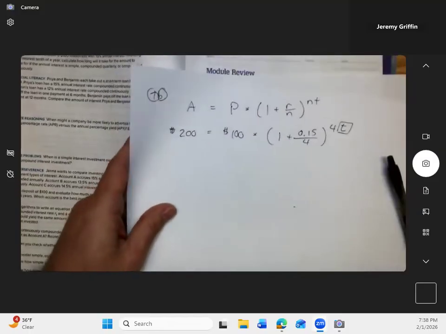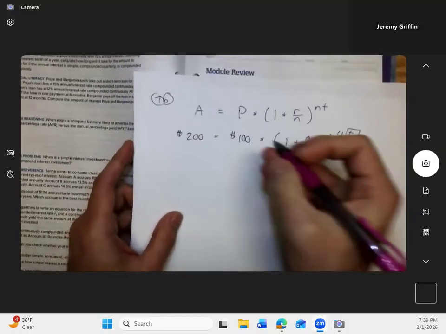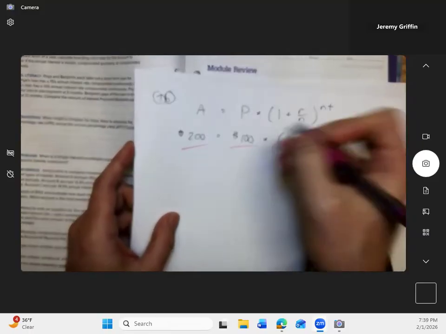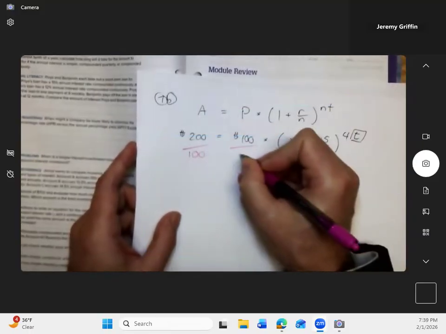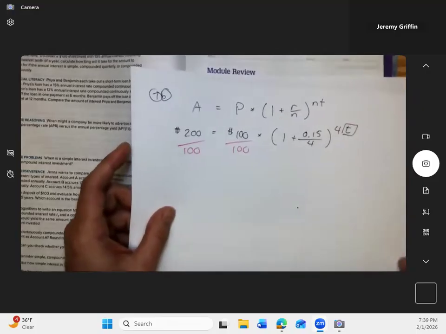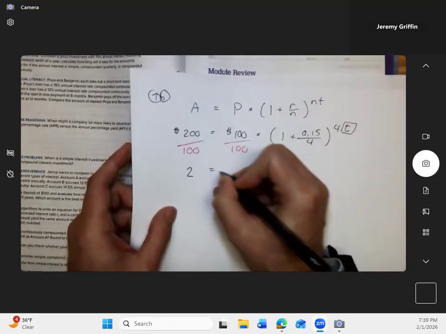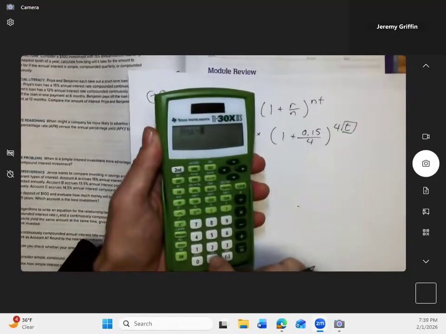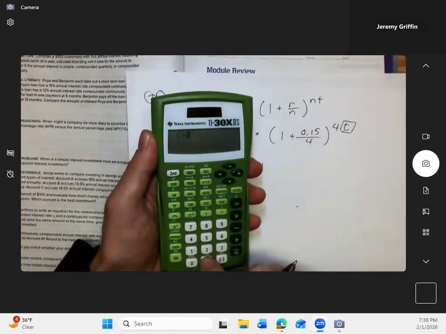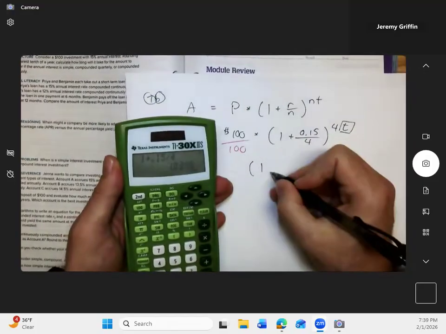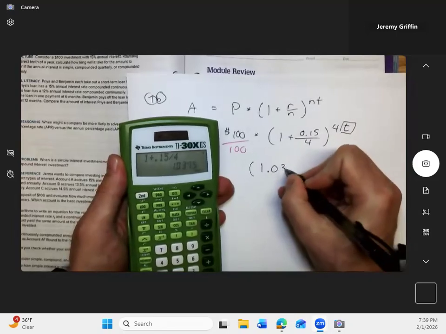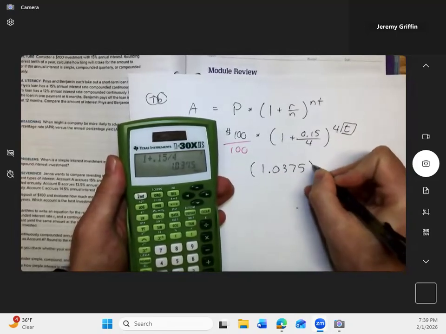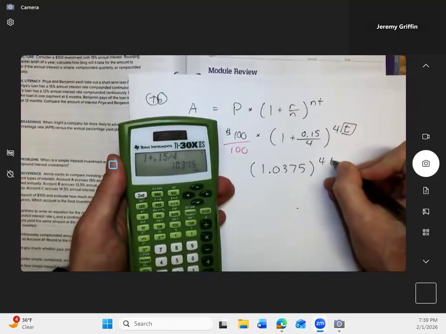A similar process, this series of algebra steps. Divide by 100, that's the first thing we did last time. So 2 equals, let me clean this up, what is 1 plus 0.15 over 4? That's 1.0375. All right, let's actually work with it to the 4t.